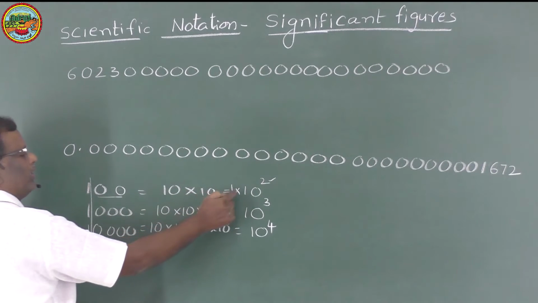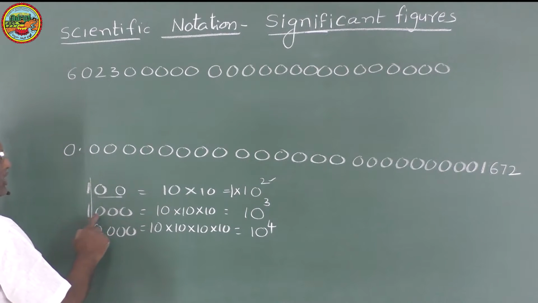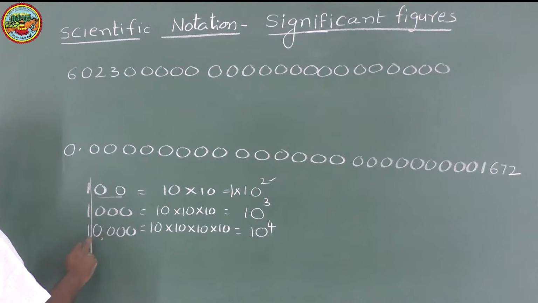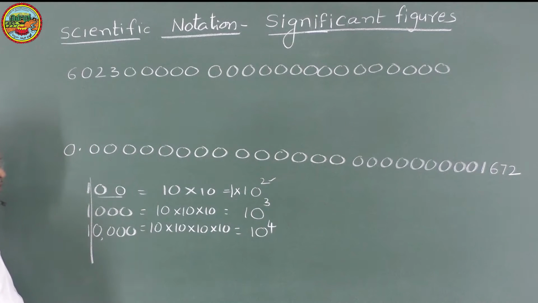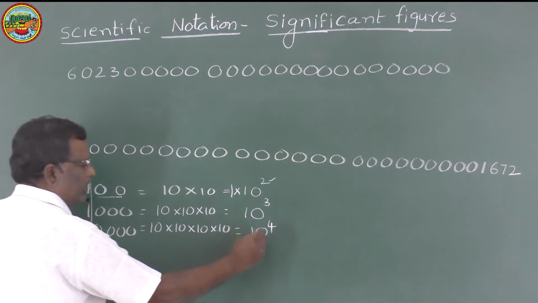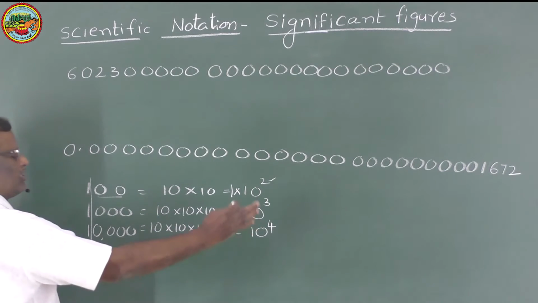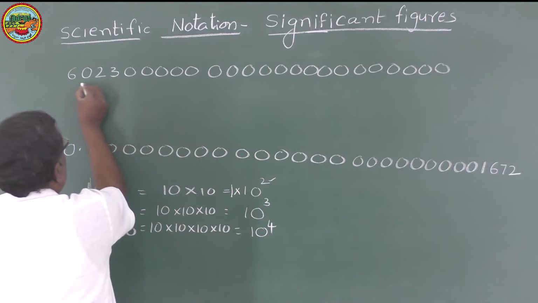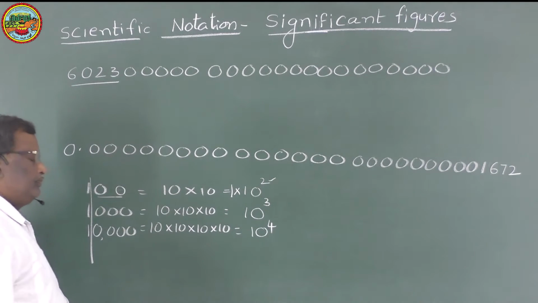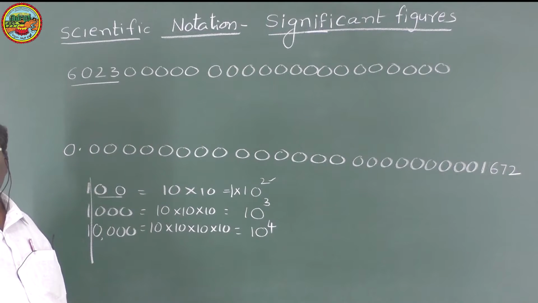100 means 1 into 10 square. 1000 means 1 into 10 cube, or simply 10 cube. 10,000 means 10 to the power 4. If 5 zeros are there, 10 to the power 5. If 6 zeros are there, 10 to the power 6, like that. Now here also, this is the number, the rest are zeros.